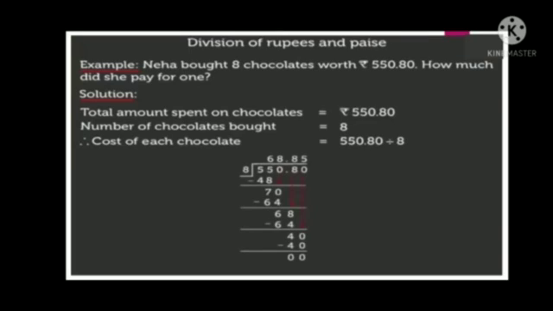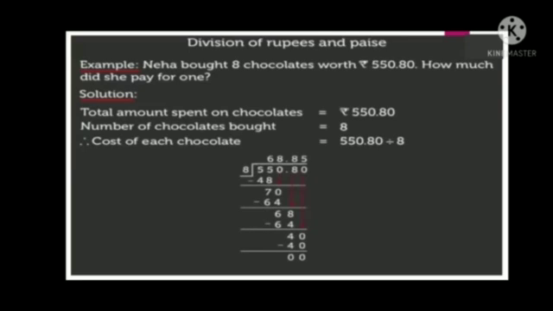For that, we will divide 550 rupees and 80 paise by 8. And for the division, again we will do the same thing we have done in multiplication.